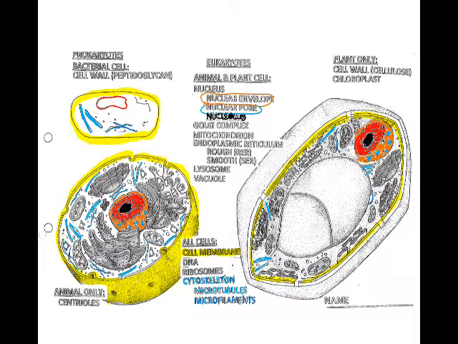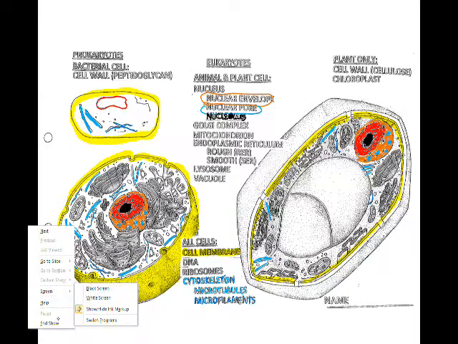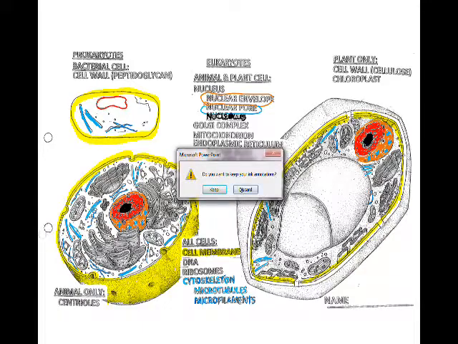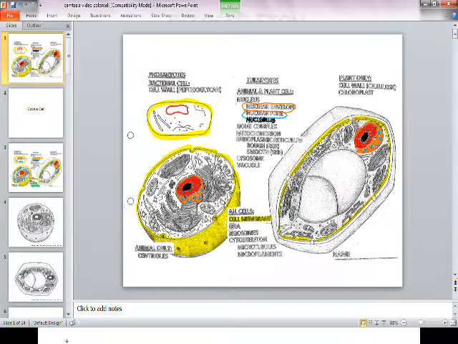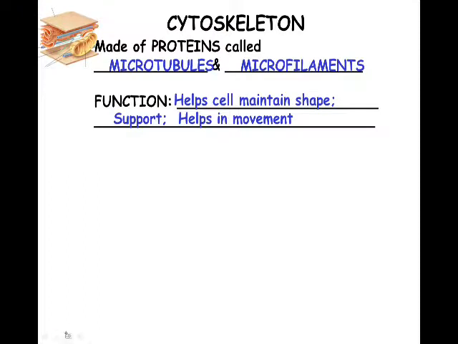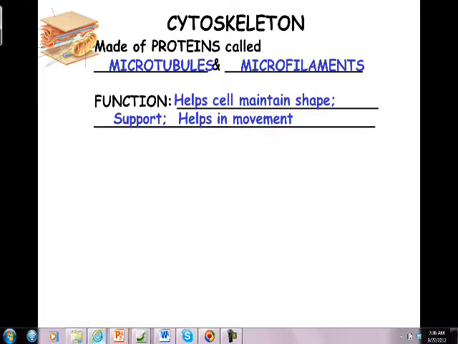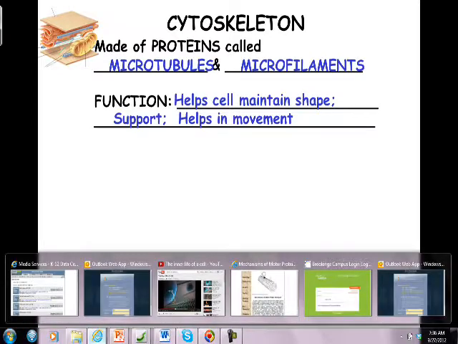Very good. Okay, let's go back and talk about another cell part, and has to do with the cytoskeleton. What we're going to do is look at a little video or a little animation, because remember we said cytoskeleton helps things move in the cell.